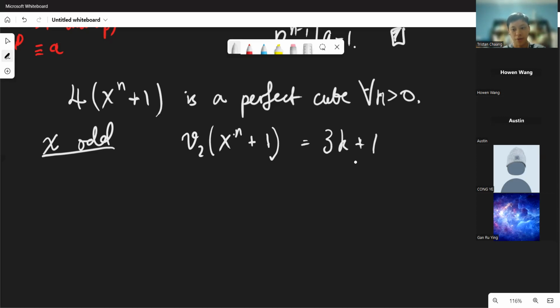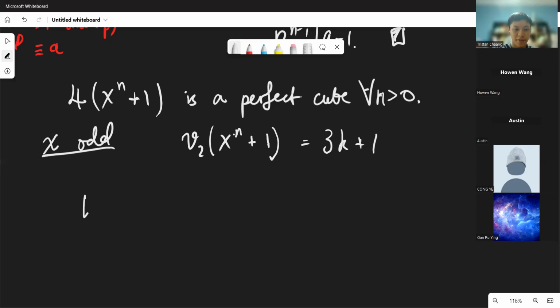Okay, since this is true for all integers n, let's look at the subset of positive integers where LTE is allowed. So we look at the n where LTE is allowed. And for the 2 case, unfortunately, only odd numbers work, right?